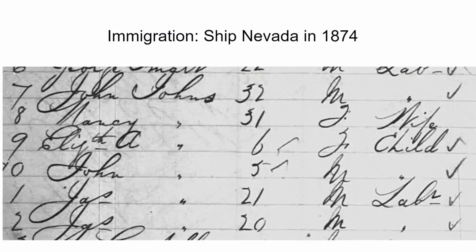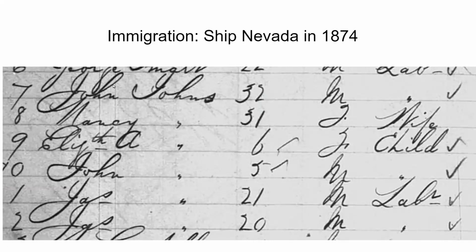And indeed, when we now go back to immigration, we find John Johns, this is 1874, wife Nancy, Elizabeth, and John, all migrating together. And I know that Nancy is a familiar term, a nickname for Anne in that part of England, actually in England generally. Now, I'm going to just point out, this immigration record has 2 more people named Johns.